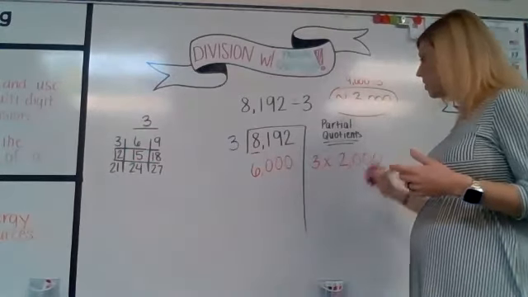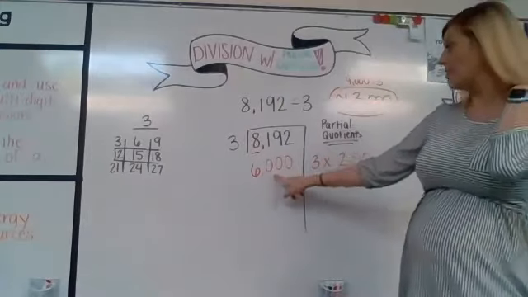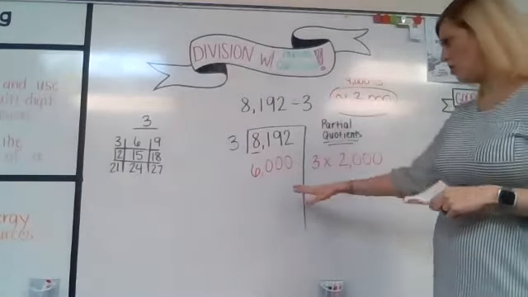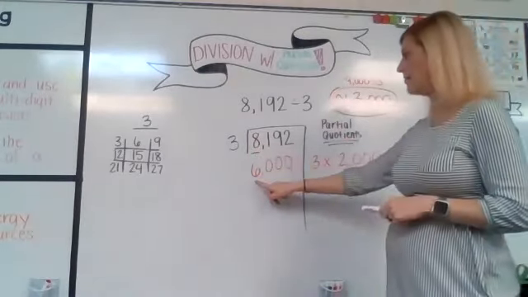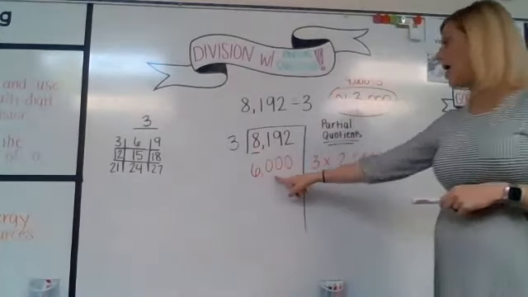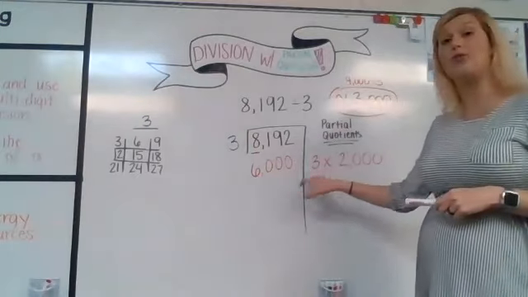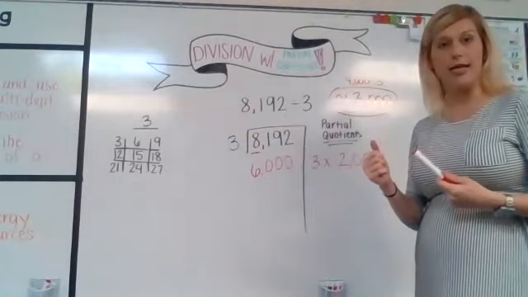2,000. And we've really been working in class on balancing out our zeros, just as a shortcut so that we know that we're in the correct place value. So we have 6,000 here. We got 6,000 here because we were able to take 2,000 groups of 3 away from this original 8,192.